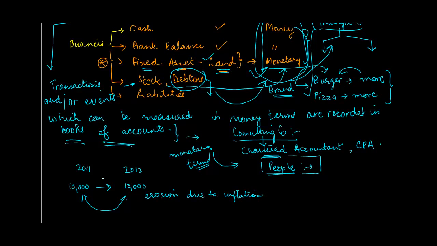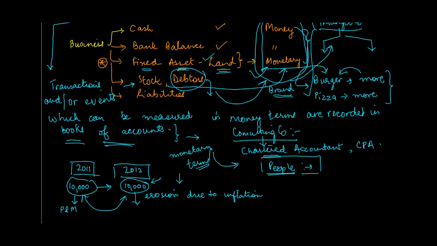So it may just be that the value of this 10,000 may not be equal to this 10,000. Funny as it may seem, but fact of life is that let's say for 10,000 you can buy anything today. Let's say this plant and machinery. You cannot buy the same plant and machinery with 10,000 because the purchasing power of this money actually goes down over a period of time. But money measurement principle does not take into account any of these erosions in the intrinsic value of the money itself.